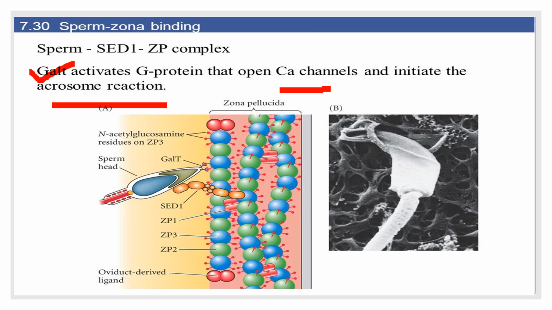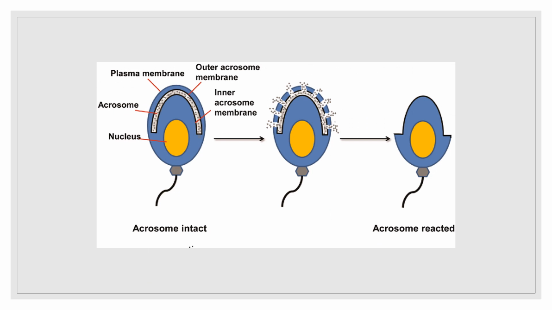Acrosomal reaction means there will be exocytosis of the vesicular contents. There will be fusion of this outer acrosomal membrane with the plasma membrane of the head of the sperm, and through this there will be exocytosis of the vesicular content like this.